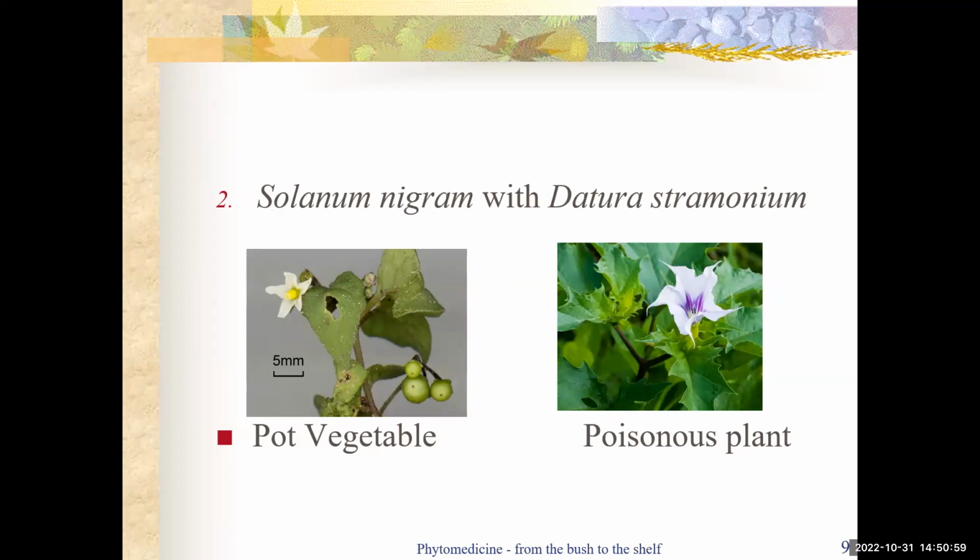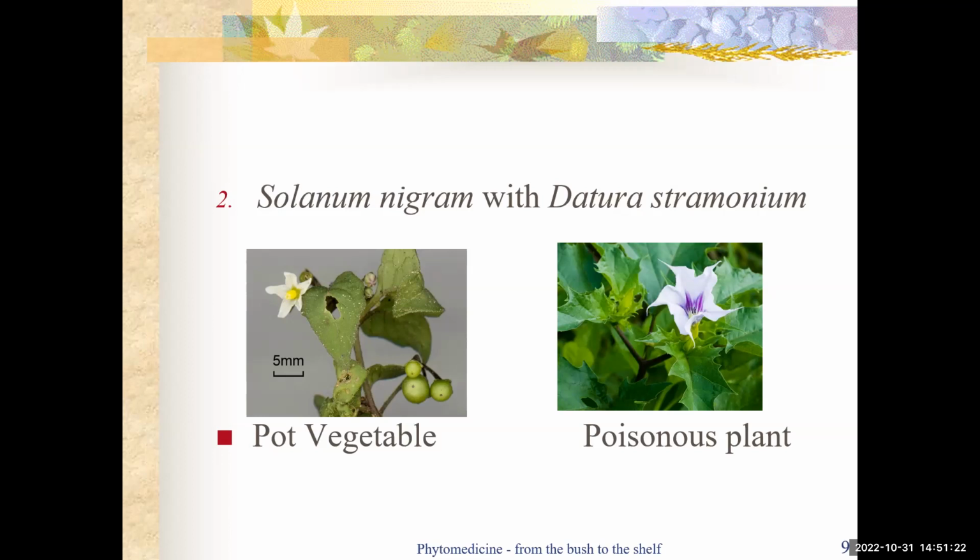We have Solanum nigrum, which is a vegetable. We use it as a vegetable. It's a very beautiful vegetable, and sometimes it is wrongly collected. We get the wrong plant. When you go to the bush, they grow together with Datura stramonium, and Datura stramonium is a poisonous plant.